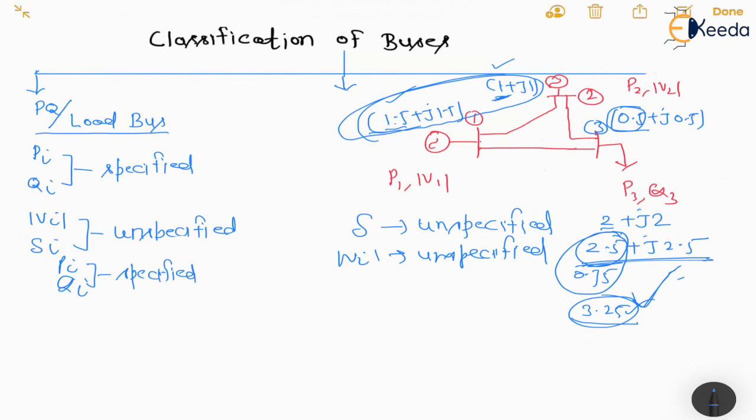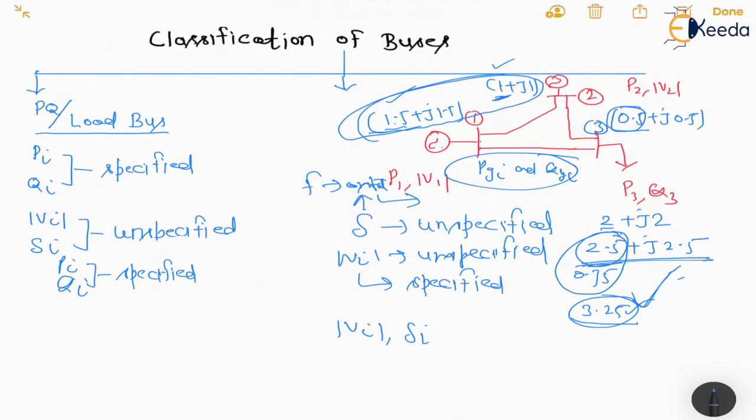So we can clearly see that in the practical power system, our delta means our frequency needs to be constant. Our frequency needs to be constant means whatever you design, and voltage also needs to be specified. So if we want to specify our Vi and del I, then in every power system there must be a generator for which PGi and QGi must be changing.